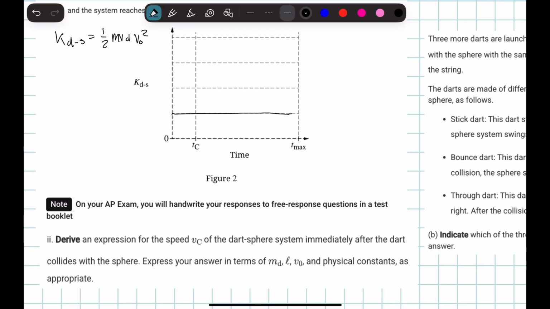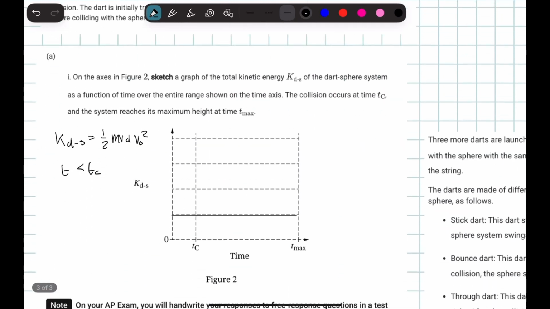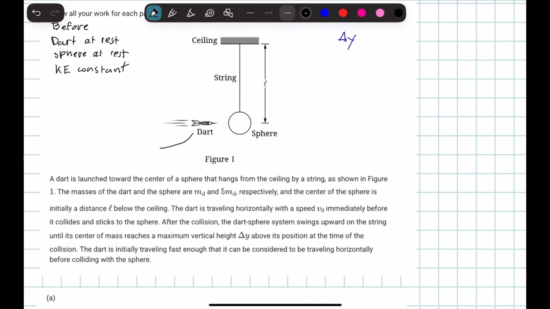Let's just draw that. Because we know that t is less than t_c, the dart is initially moving at speed v initial and is moving horizontally.